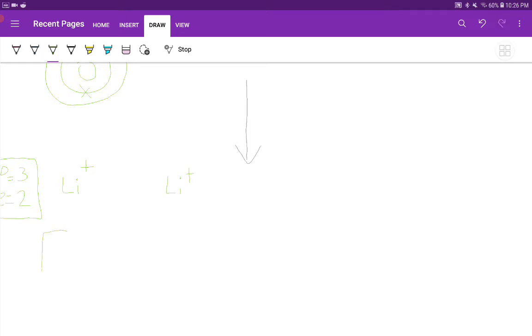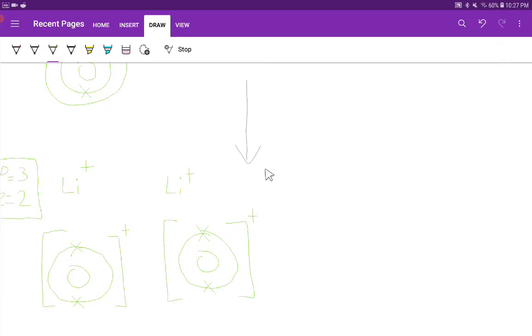So let's draw our lithium ions. One lithium ion, two lithium ions.